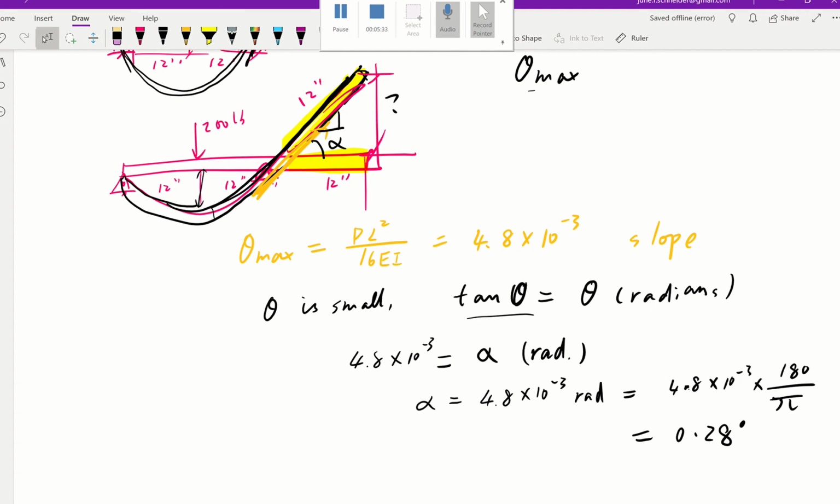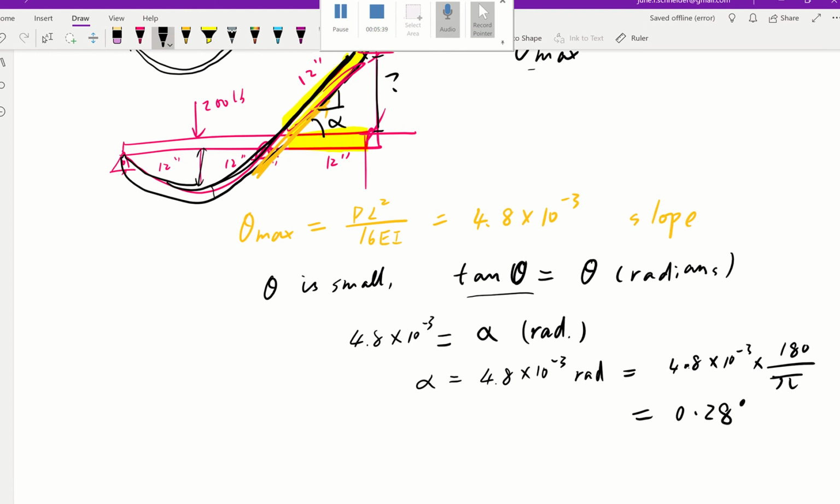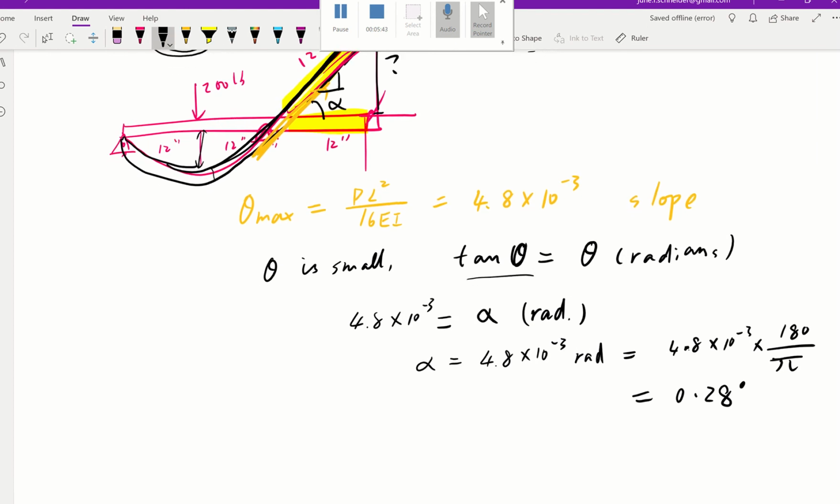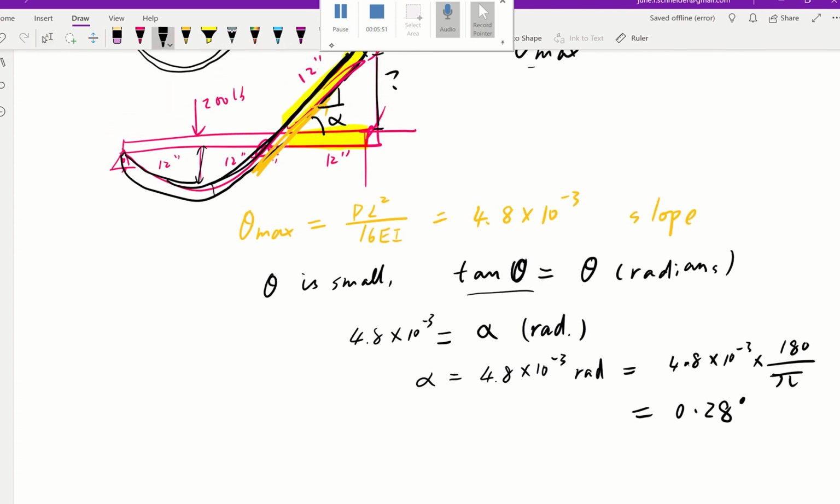And now we have to think about what will be the distance, how much is going to shoot up here. How do we solve it, right? Then you're going to think about this question mark here. I'm going to do it a different way. So this question mark over this hypotenuse 12-inch is going to be equal to the sine of that angle, sine 0.28 degree.